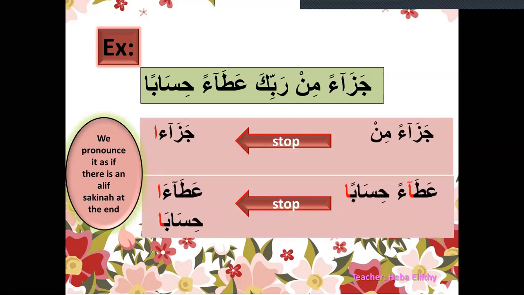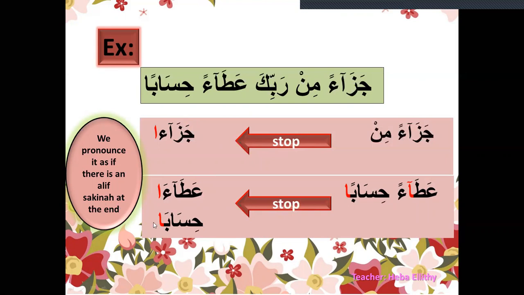The next 2 words are عطاء حسابا. When I stop on it, how can I stop? عطاء. The word حسابا, when I stop on it: حسابا. So I stop on these words and pronounce as if there is an ألف ساكنة at the end.